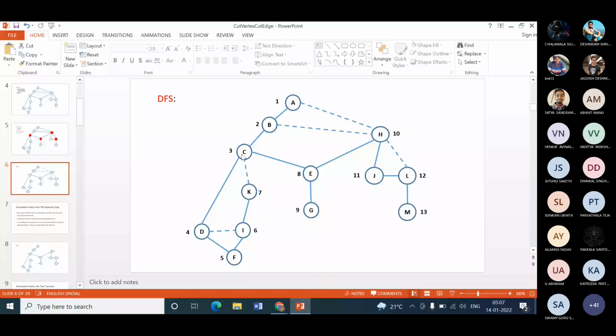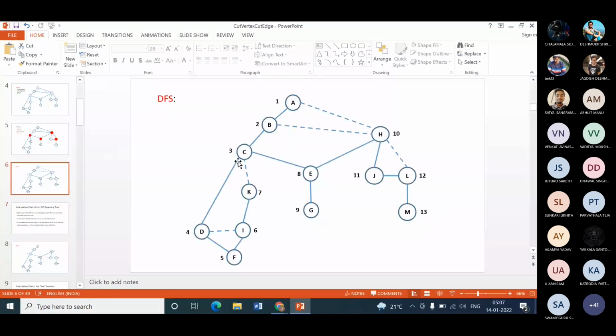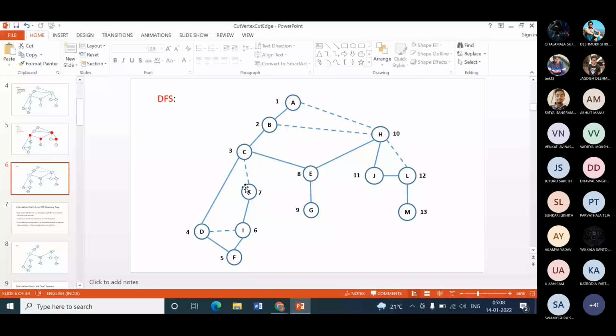According to this observation, C is a non-leaf and non-root node in the DFS tree. U is an articulation point if and only if no back edge goes above U. Here, all the back edges below C never go over U from any child of it. C's child is D. So from D or anything below it, D, F, I and K, no back edge has gone above C in the DFS tree. Since this is the case, that means C is an articulation point.